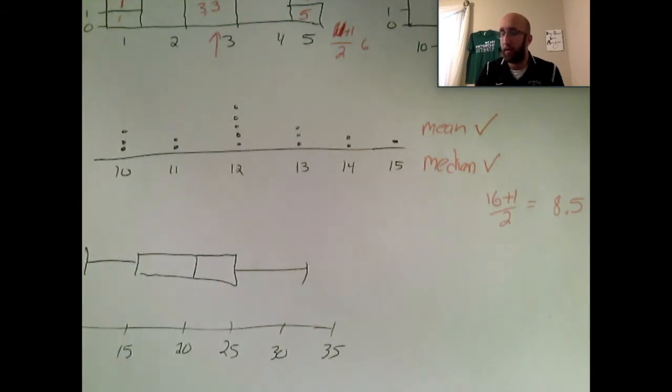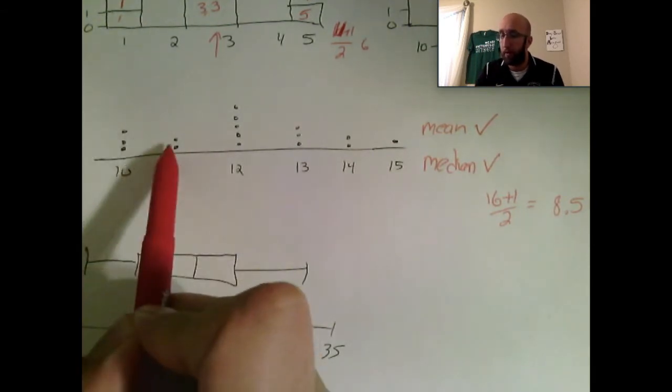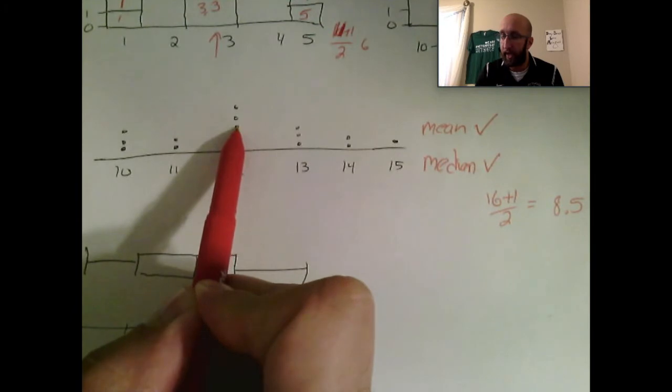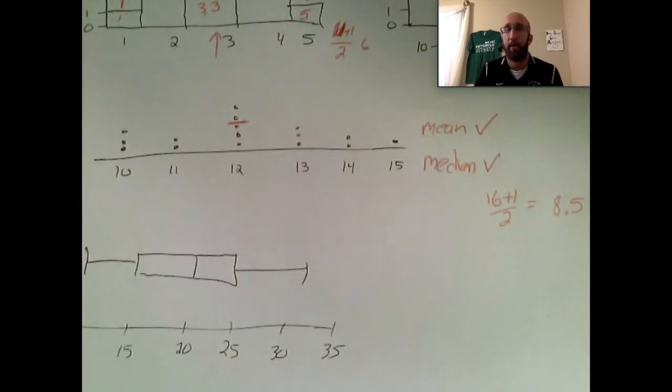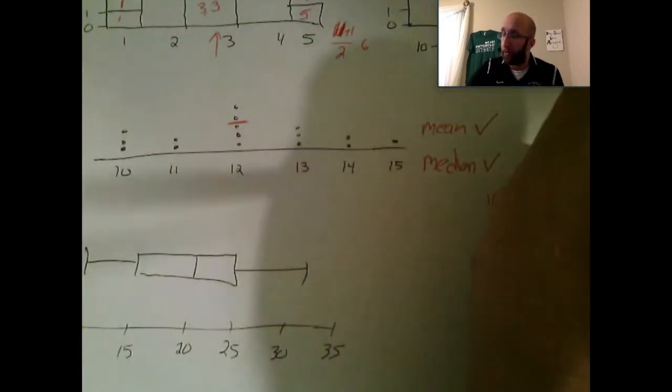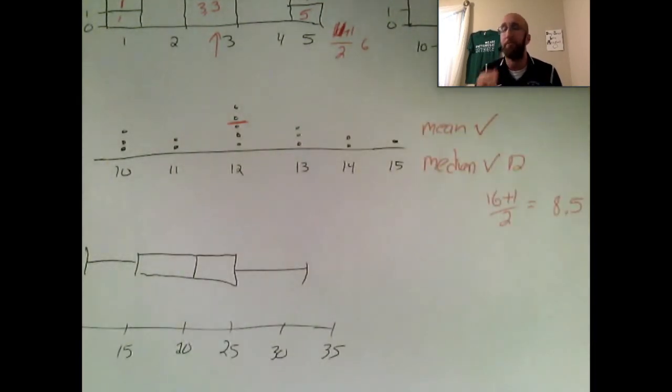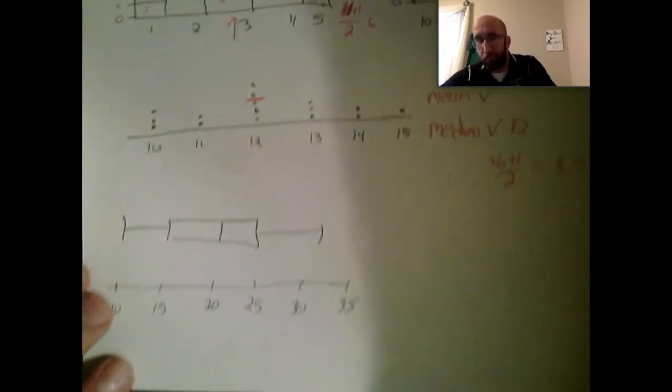It's in between those. So count in order. 1, 2, 3, 4, 5, 6, 7, 8, 9. So it's between that 12 and that 12. Well, guess what? Your median will be 12 there. Okay, so you can still calculate a median there. No big deal. Could still calculate a mean there, but not always.